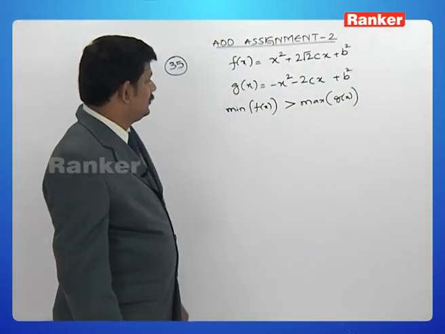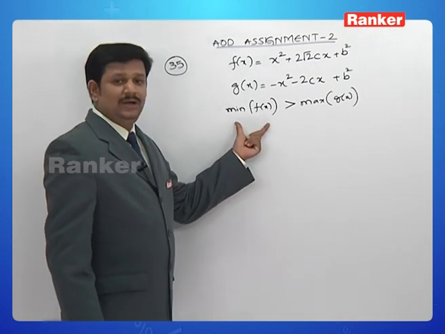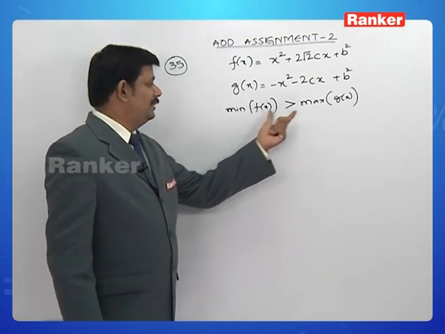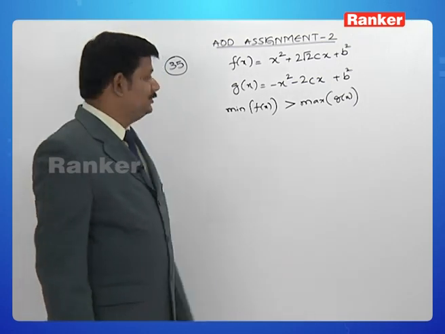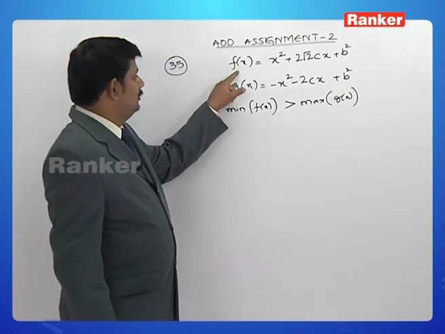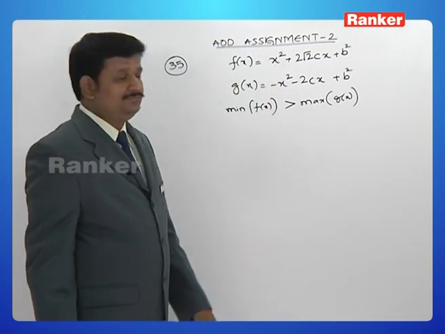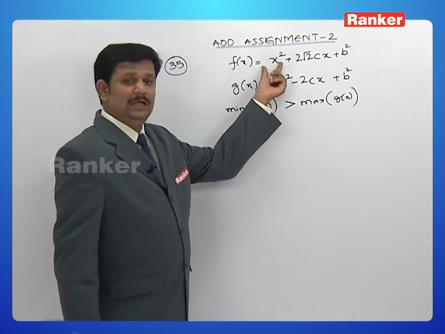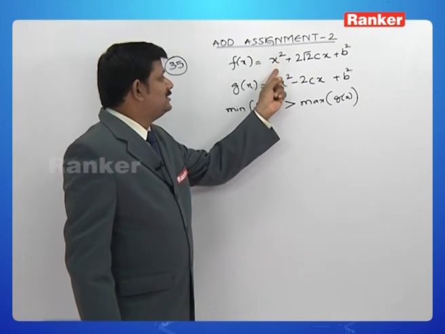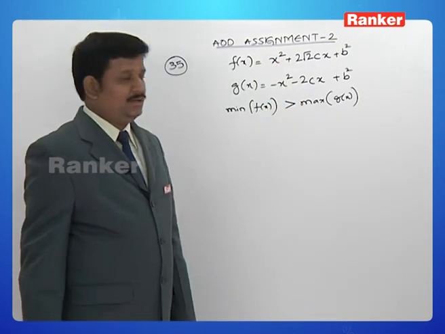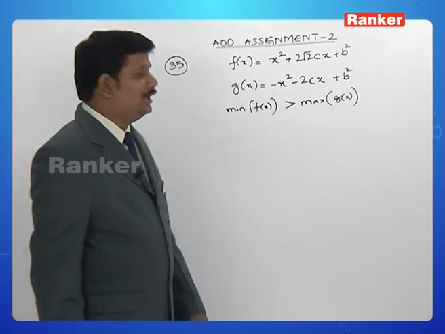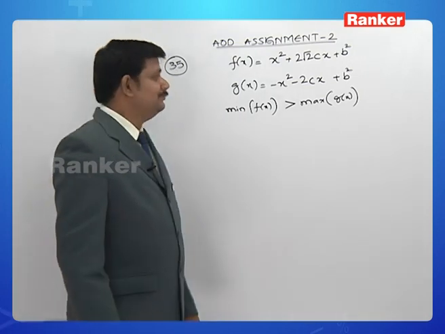So, we need to find the condition on b and c such that minimum value of f of x is greater than maximum value of g of x. f of x is a quadratic with coefficient of x square positive. It will have minimum value when x is equal to minus b by 2a, and that value will come out to be minus d by 4a.